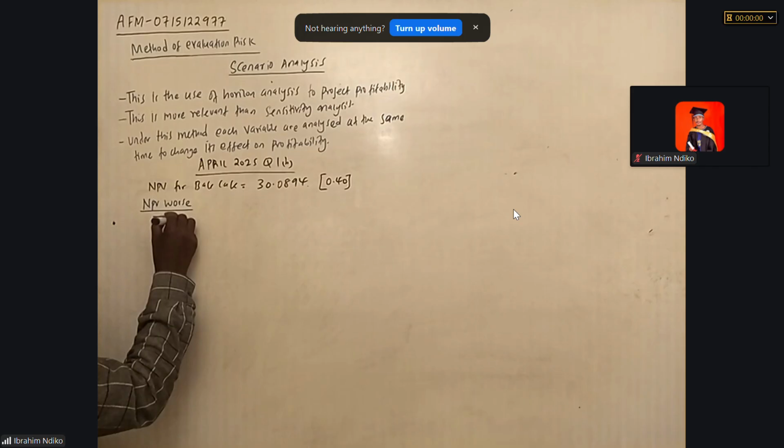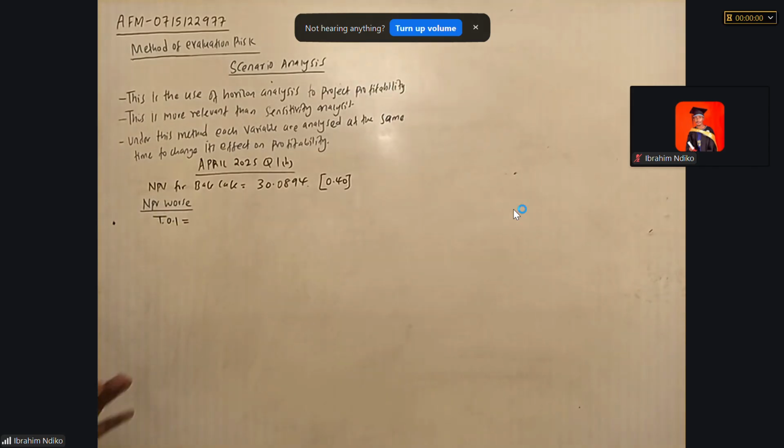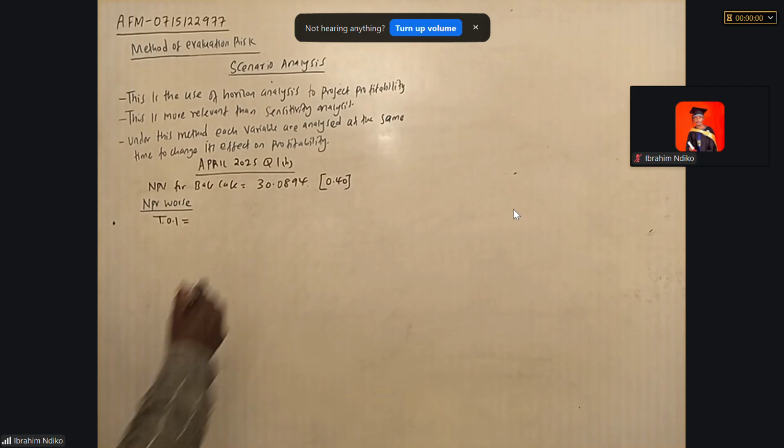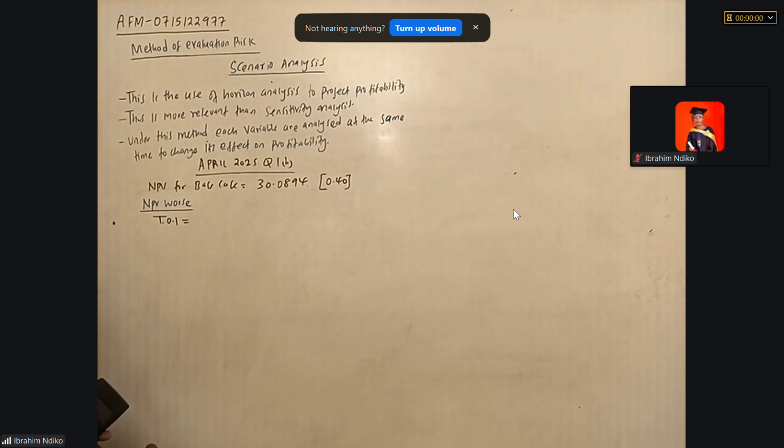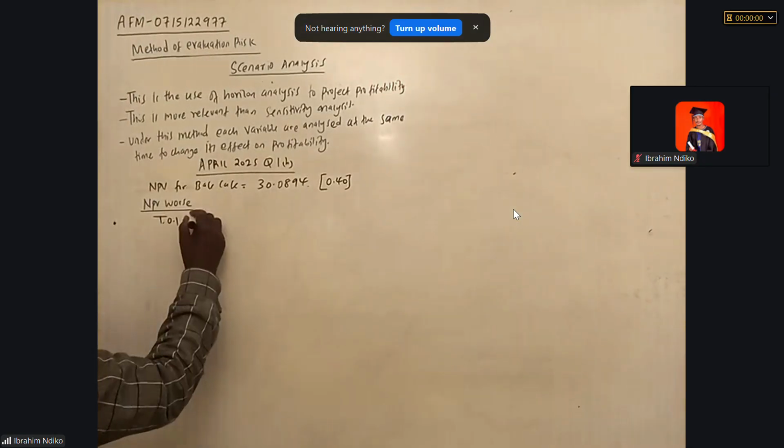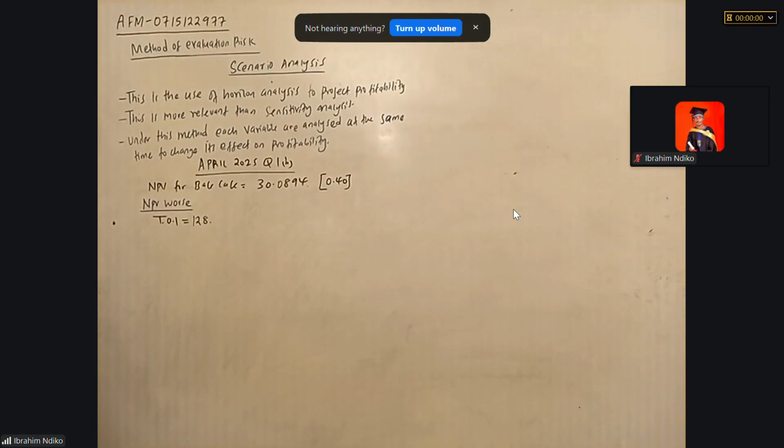What is the cost for worst case? The cost itakuwa the same, whether tuko kwa worst or bad condition or whichever condition, the cost itakuwa remain 128. So it will remain the same for all the cases.